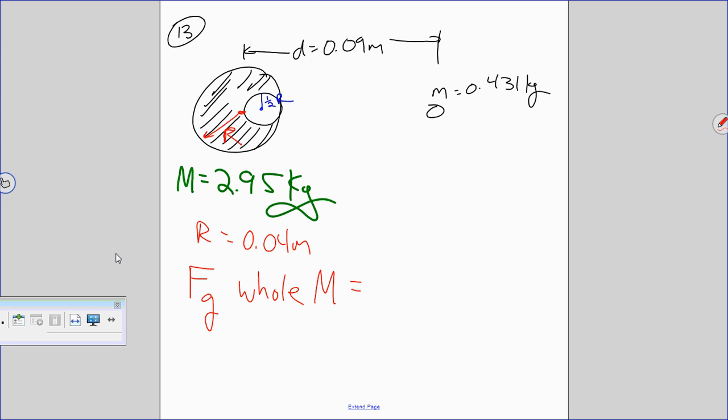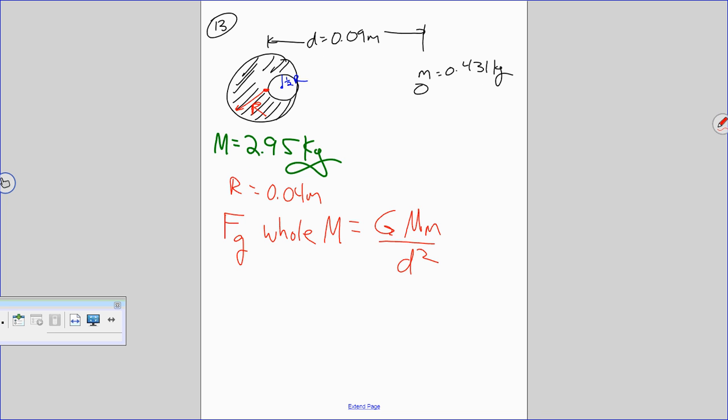Curse my plan to be efficient. How can I do this without going through all the algebra? All right, well, here, so let me do this. That is going to be G times capital M times little m over d squared, yes? So that's from the whole mass, right? Now, the next issue is the volume piece.